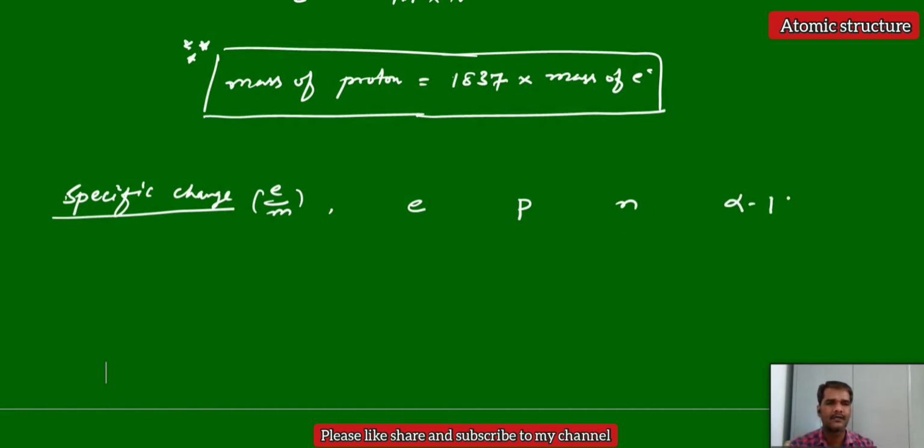Your alpha particle is nothing but dipositive helium, helium 2+. So helium carries 2 positive charges and mass number 4, that is called alpha particle. You should remember, dipositive helium is called alpha particle.